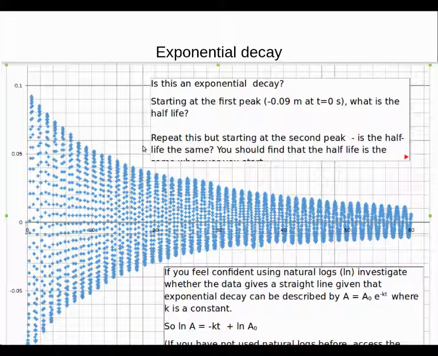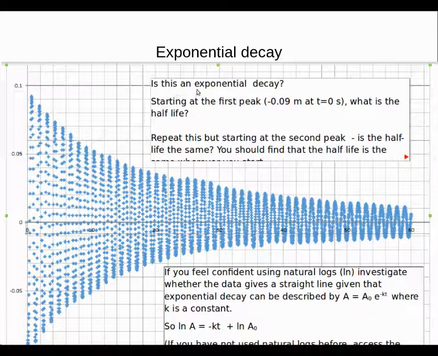It becomes more common in A2 when we look at things like capacitor decay and radioactivity. Although we don't need to do the maths of exponential decay for damped systems, it is quite interesting to look at, because it's quite easy to see from the data that there is this exponential decay going on. So I'd like to follow the instructions here.